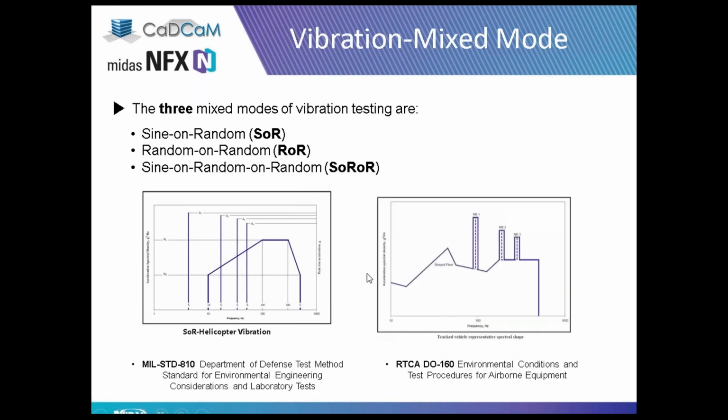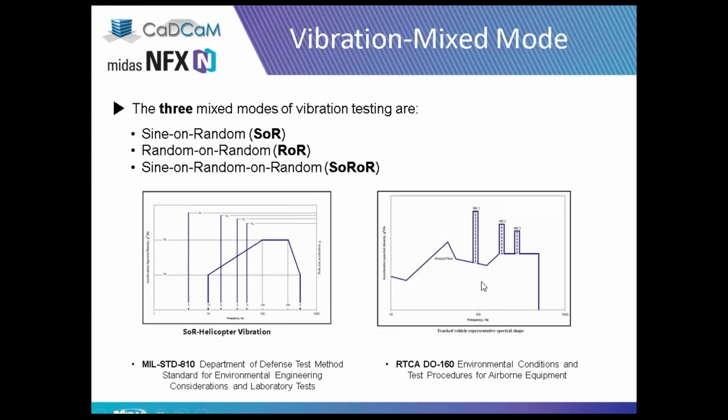And let's see this PSD curve, which is comprised of the continuous PSD curve and 3 narrow bandwidths. This is for a truck. This presents the truck vibration condition that the truck should be exposed to.